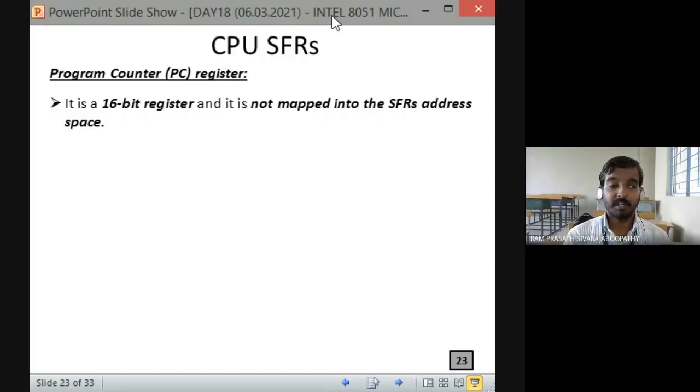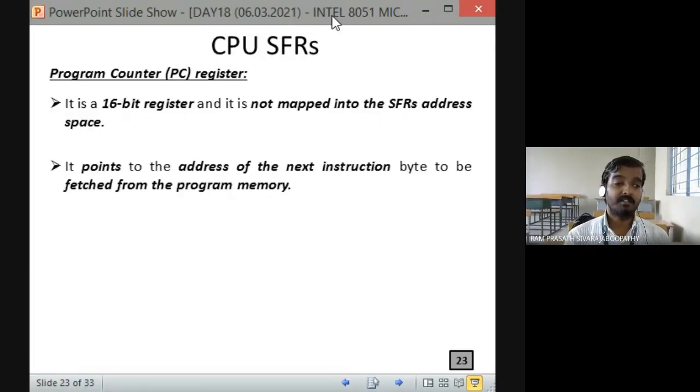That's why it is not termed an SFR. It points to the address of the next instruction to be fetched from the program memory. That's all about the program counter register, but it is not an SFR. Is it clear up to this?